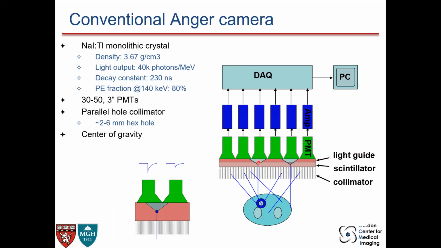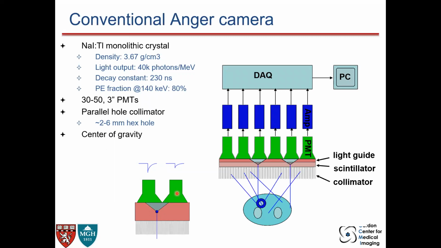The scintillation photons are collected over multiple PMTs, and then using a center of gravity similar to this, you can estimate the position of the gamma ray interaction, because in this example you get a larger signal collected by this PMT compared to the right PMT, and obviously you can estimate where the gamma ray interacted with the scintillator, and this is in one dimension.